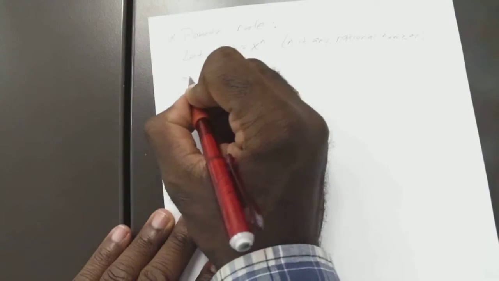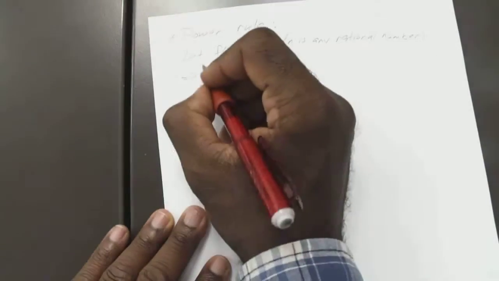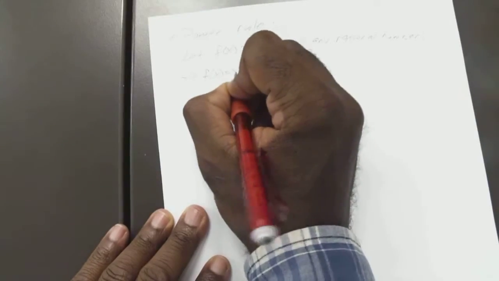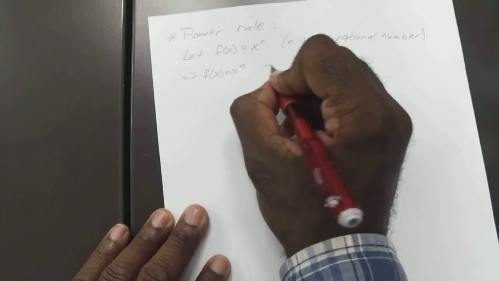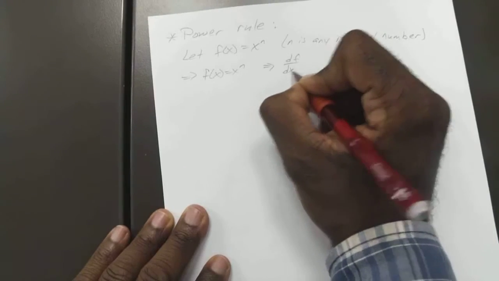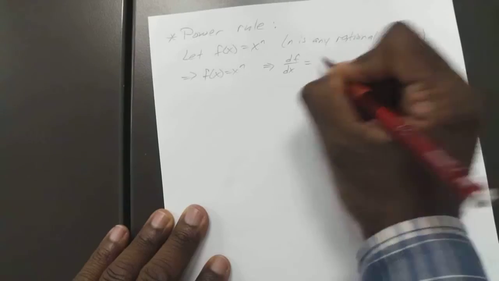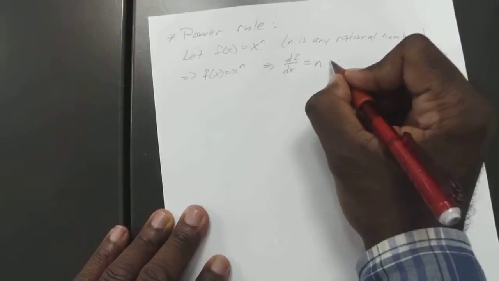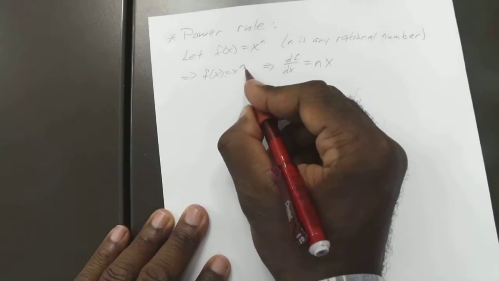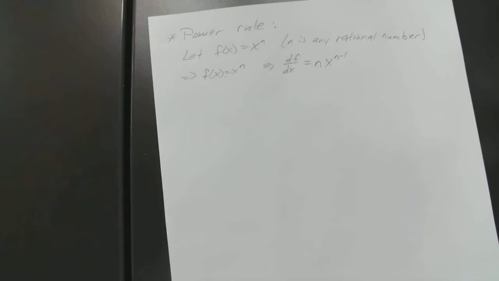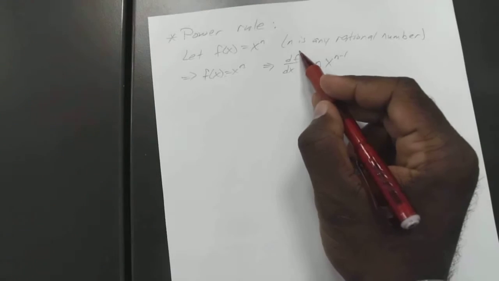So that means for x to the n, the derivative of f with respect to x will equal, you're going to bring your exponent down to the front. You have your variable, then you're going to subtract 1 from the exponent. This will be your power rule.